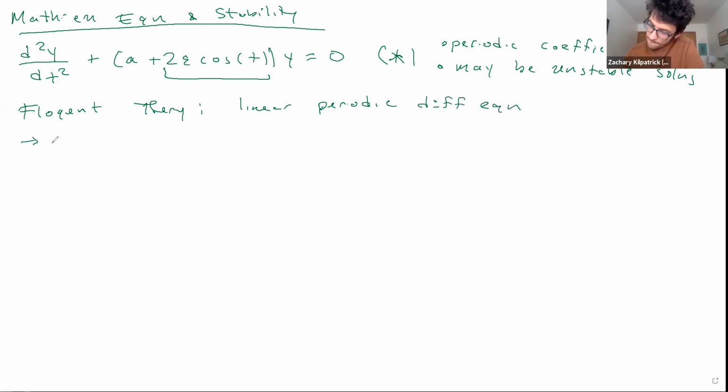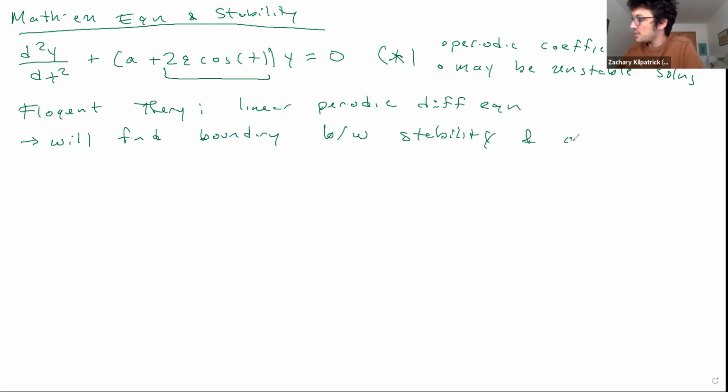Okay. And what we're going to do is find the boundary between stability and instability for, in particular, the A epsilon plane here. Okay.